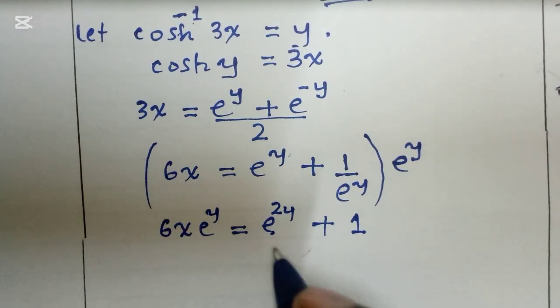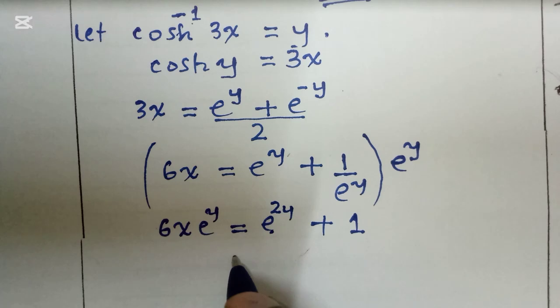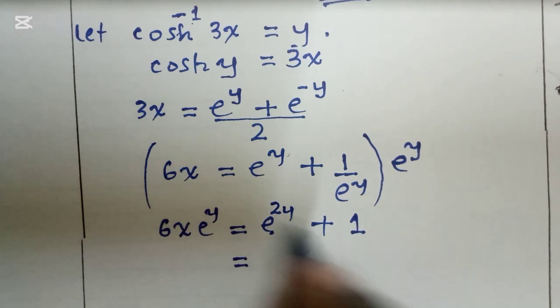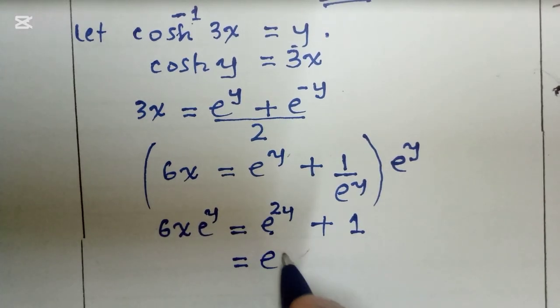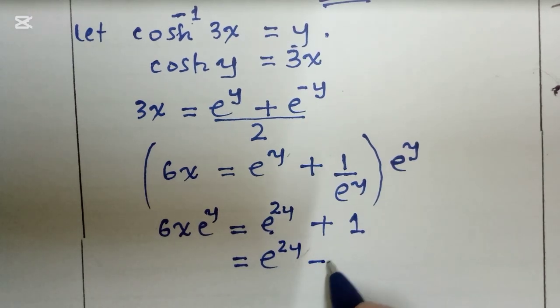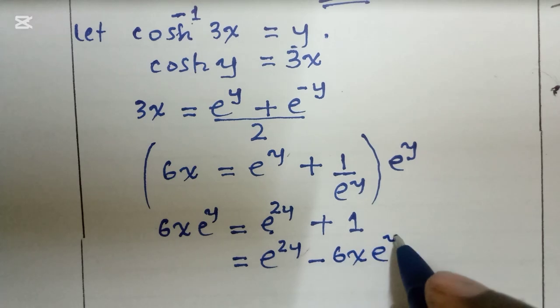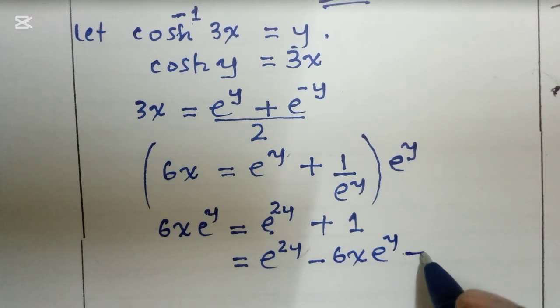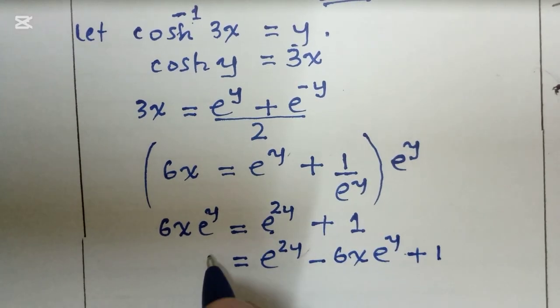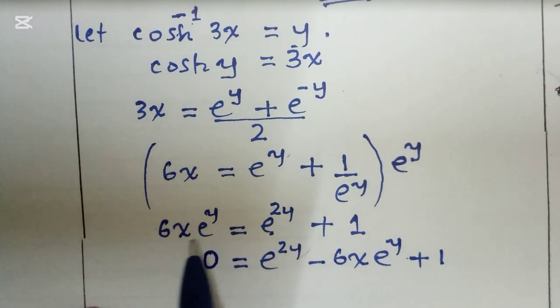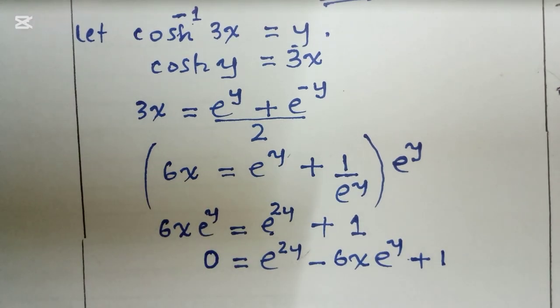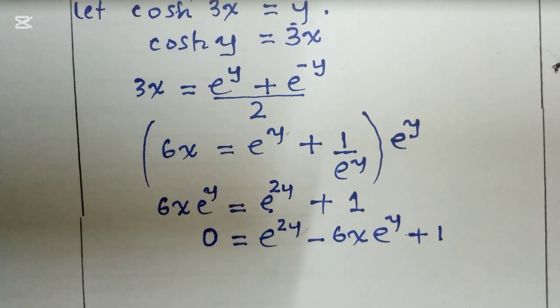Then, guys, I can now take this to the other side, so that I have e raised to 2y minus 6x e raised to y plus 1, and this one I can equate to 0. So I brought this one to the other side. I have equated everything to 0.